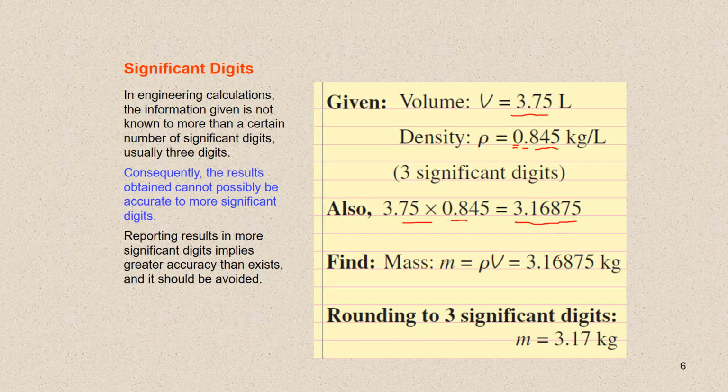However, the lowest number of significant digits that we came across was 3, so it should be rounded to 3 significant digits. So as you can see here, the number 3.16875 has to be rounded to 3 significant digits, and here 6, which is in the second decimal place, has to be rounded up because the trailing number is greater than 5, and as a result the final answer would be rounded to 3.17.